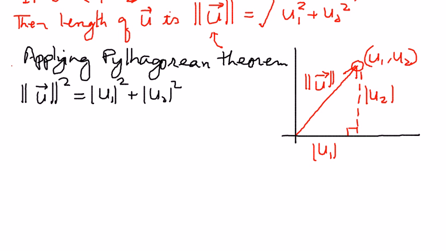So the Pythagorean theorem states that the square on the hypotenuse is equal to the sum of the squares on the other two sides. So that is exactly what we have written here.